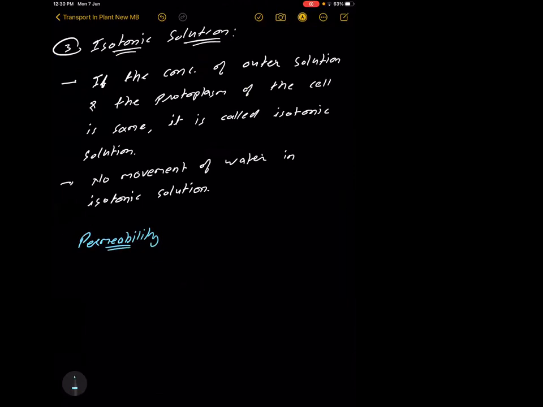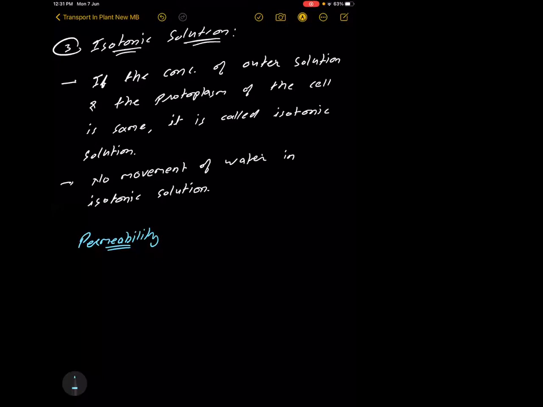Permeability means the ability, or the behavior, of the membrane to allow substances to move across it. So this behavior, this ability, is called permeability.